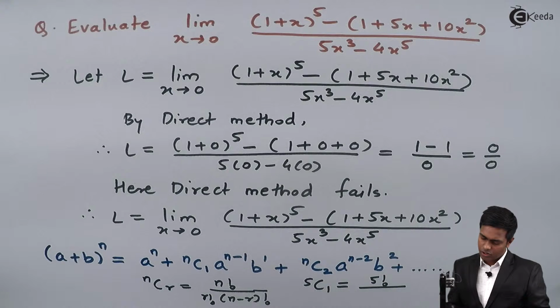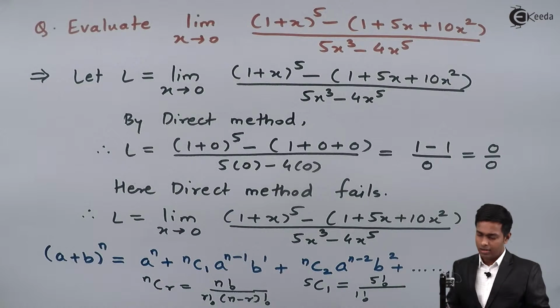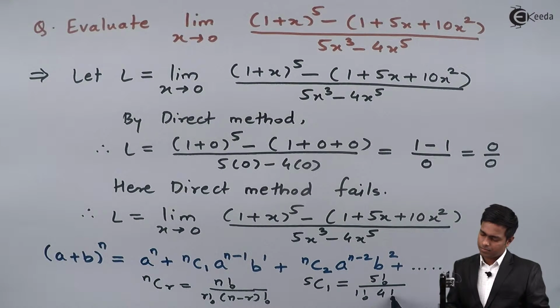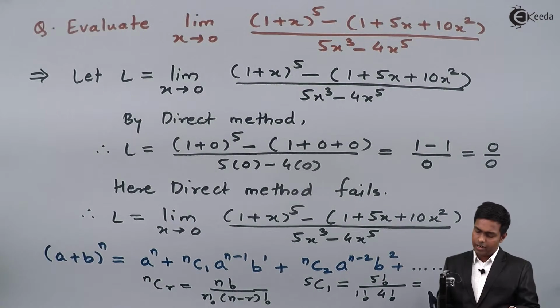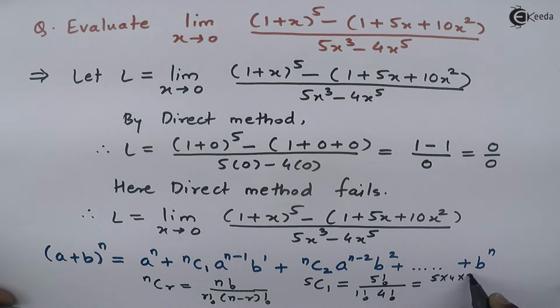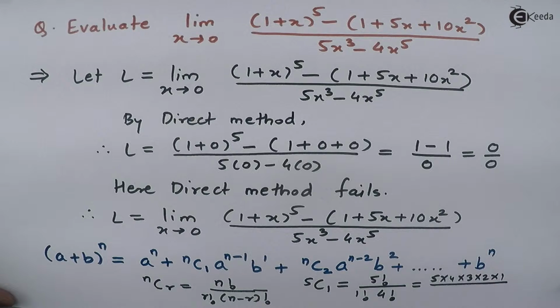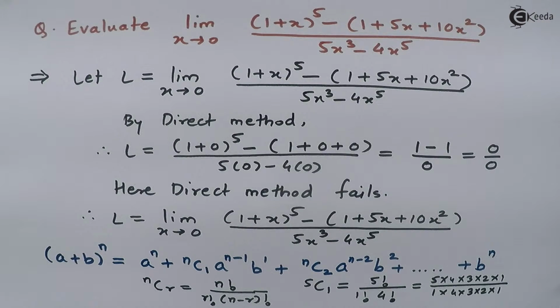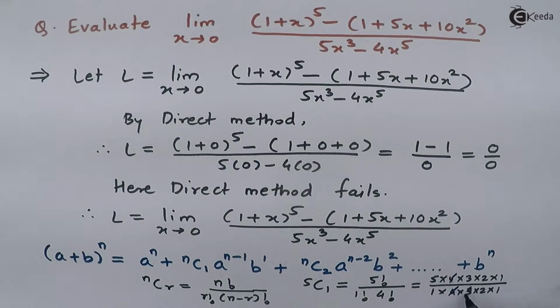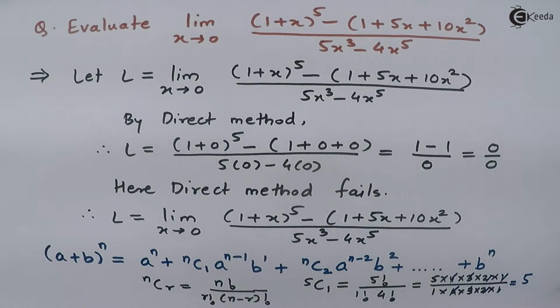In the denominator r is 1, so it will become 1 factorial, and 5 minus 1, that is 4 factorial. 5 factorial is 5 into 4 into 3 into 2 into 1. 1 factorial is 1, 4 factorial is 4 into 3 into 2 into 1. Hence by cancelling these terms, that is 4, 3, 2 and 1, we will get 5 as the value. So the value of 5C1 is equal to 5.